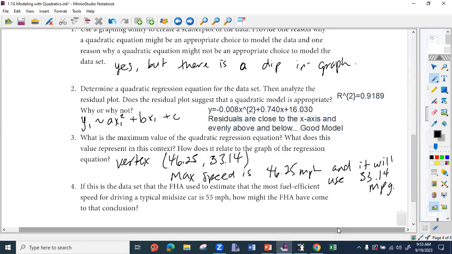Does that make sense? So if I'm trying to maximize the gas that I have, this is what I'll have to be driving.